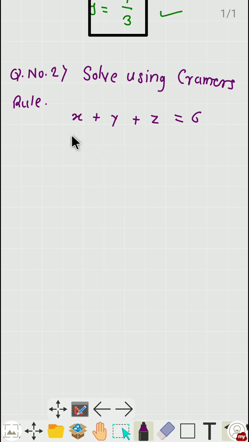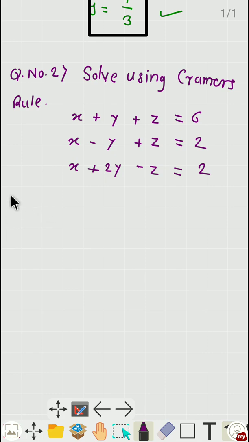Second equation is x minus y plus z is equal to 2. Third equation is x plus 2y minus z is equal to 2.